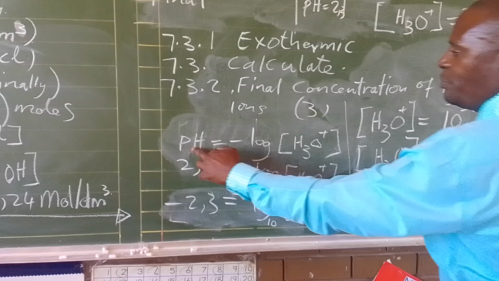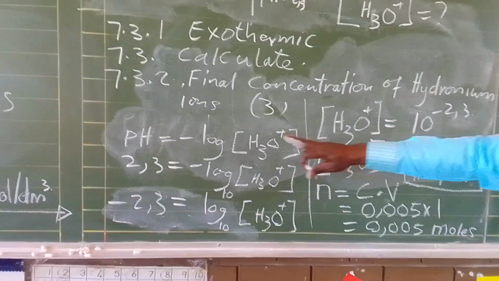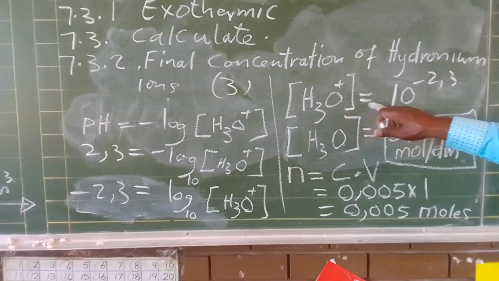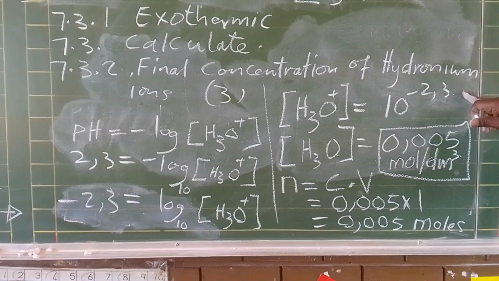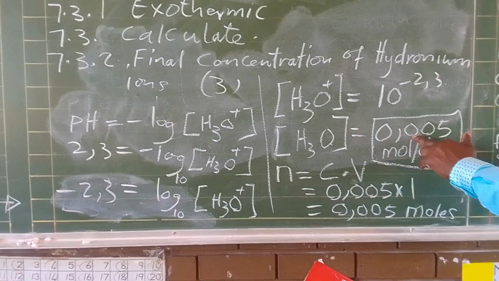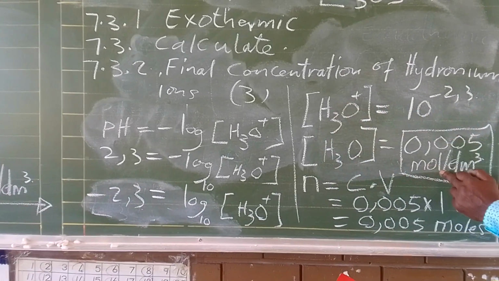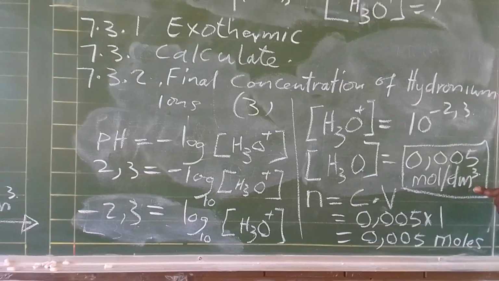We are given that the pH is 2.3. When we change this into exponential, the concentration of hydronium ion is equal to 10 to the power minus 2.3. When you punch that into your calculator, you get 0,005. Remember, this is the concentration, in moles per decimeter cubed.